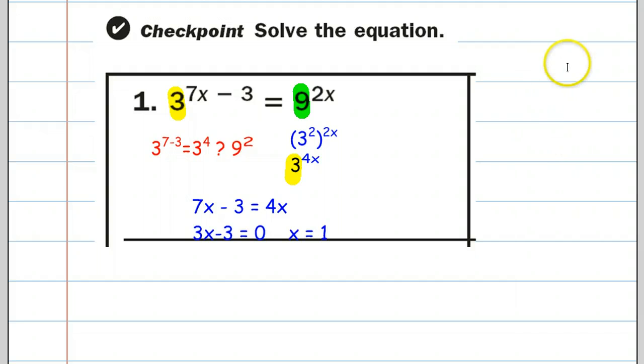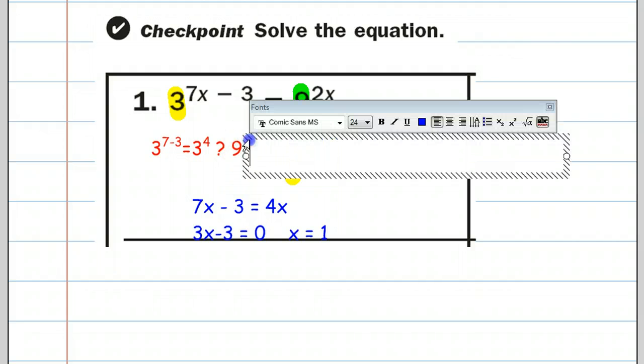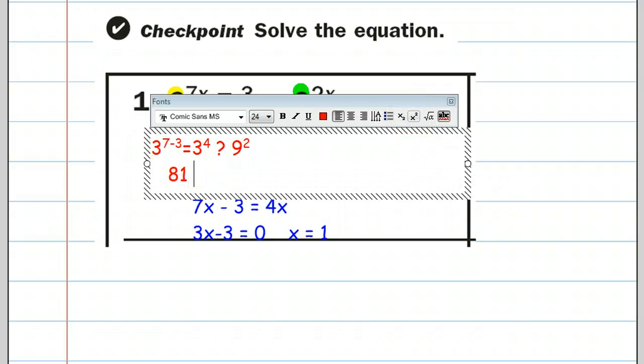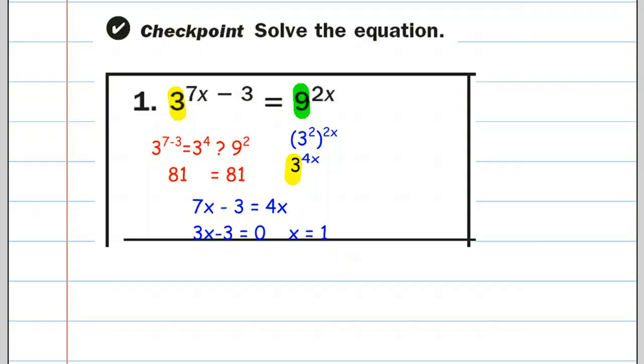That's the question. And as you can see, 3 to the 4th is equal to 81. And 9 squared is 81. So yes, they are equal. So that means that my solution of x equals 1 is absolutely correct.